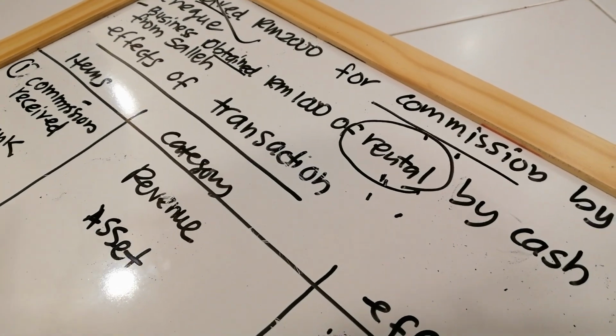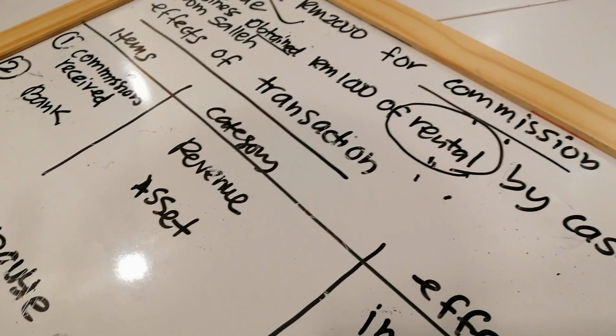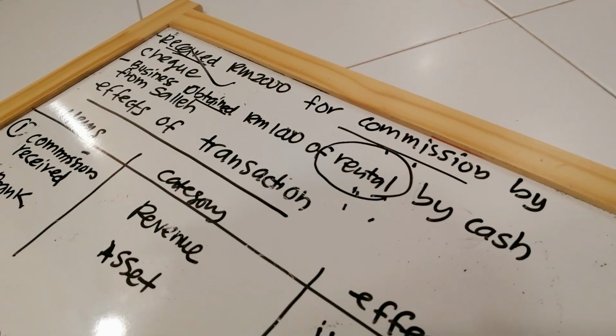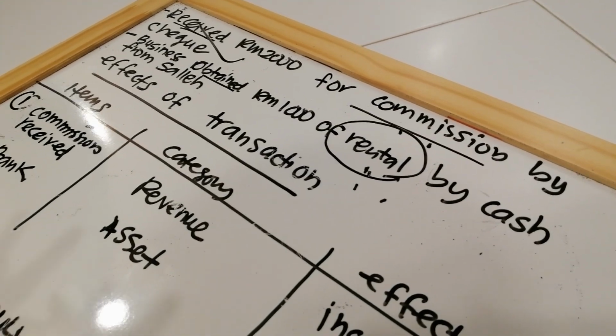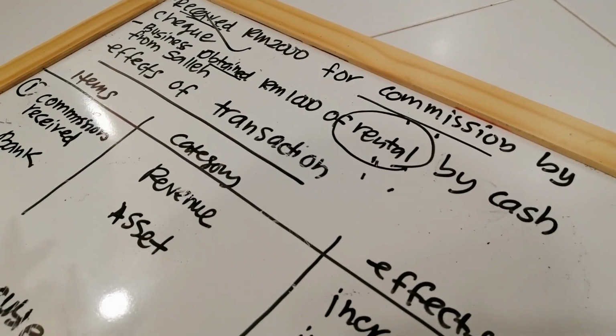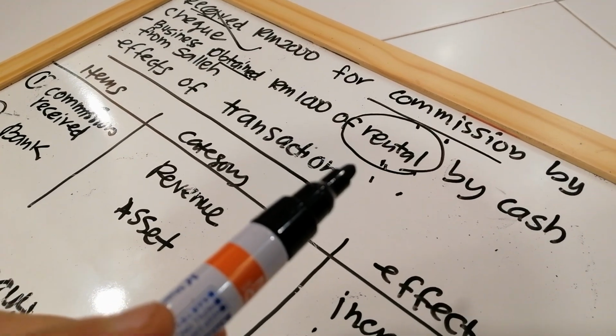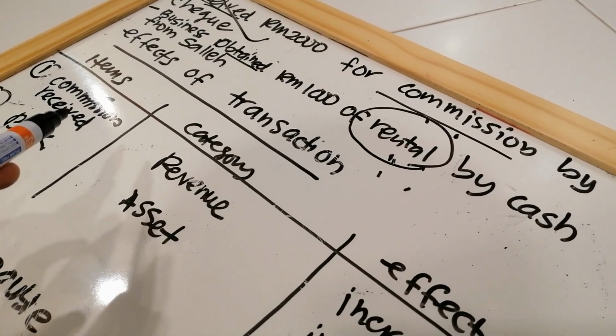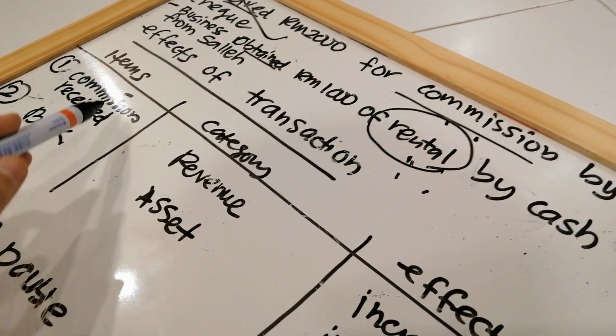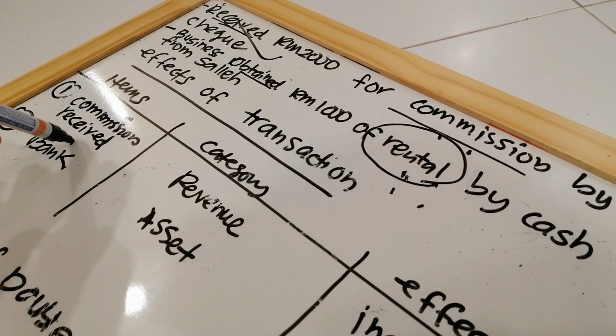So here, we still need to identify two effects. Okay, what are the effects here for the two effects? Can you predict? Yes, rental. So, rental receive. So, the first item, you will write here, rental receive.